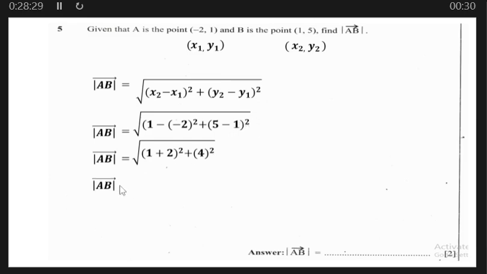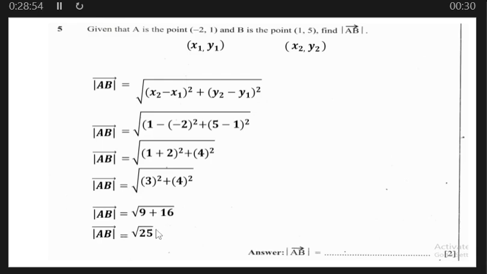Then it will be equals 1 plus 2, which will be 3, squared, plus 4 squared. It is like that, all right? Then we say 3 squared is 9, plus 4 squared is 16. Then we add 9 plus 16, which is 25.